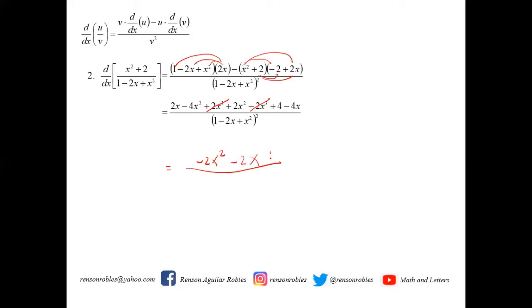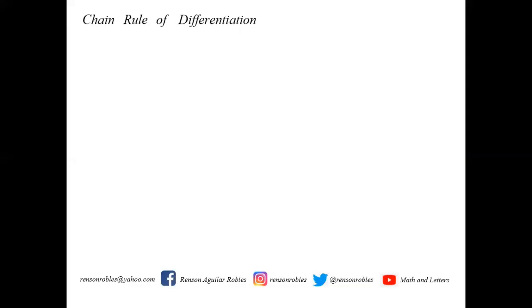And then plus 4. And then you copy the denominator. Okay, so finally we shall have negative 2x squared minus 2x plus 4 all over the quantity 1 minus 2x plus x squared to the second power.